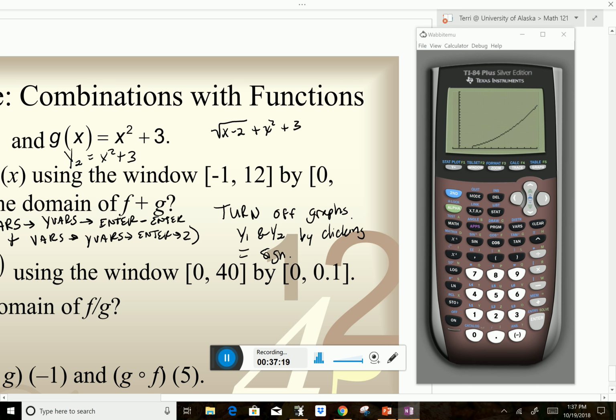So if we go less than 2, that's going to make this square root negative, and it's not going to be able to be graphed in the real numbers. So it looks like our domain is either x is greater than or equal to 2, or we can say 2 to infinity. So we can actually see what the domain is.